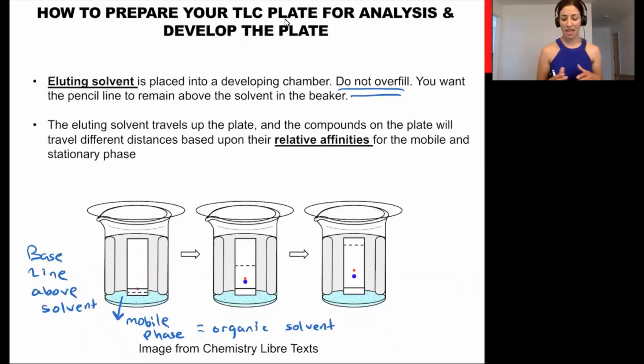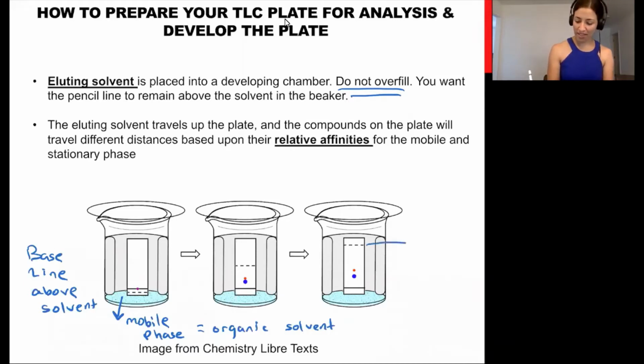Okay. And what we're going to allow this to do once covered is we're going to allow the mobile phase to travel up the plate. You will actually see the plate get wet. That's how you'll know how far the mobile phase has gone up the plate. Okay. Keeping it covered helps us to keep the environment in the chamber nice and saturated with that solvent vapor, and it allows for a faster developing.